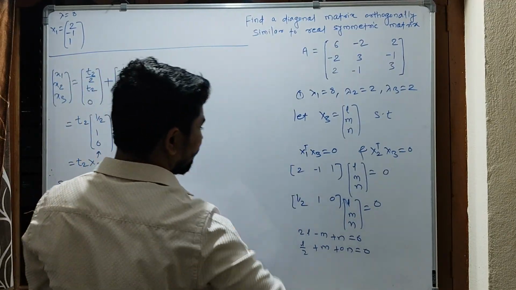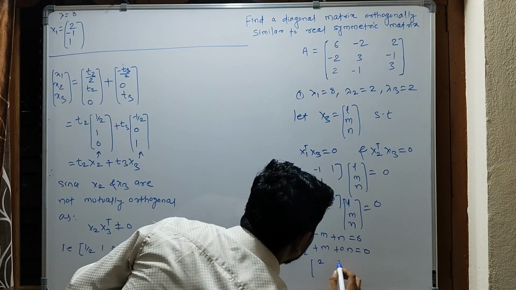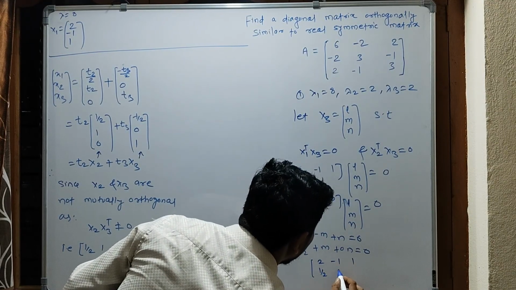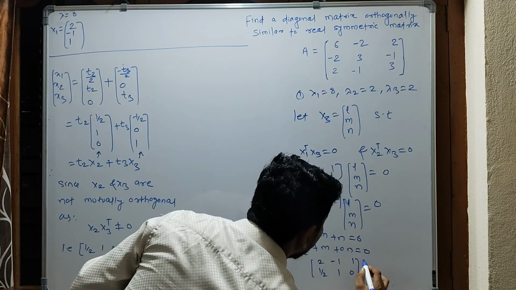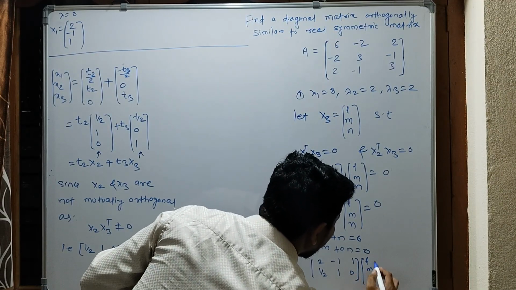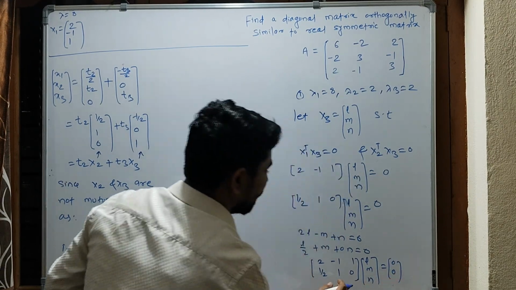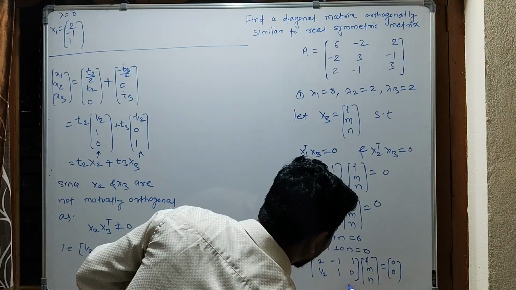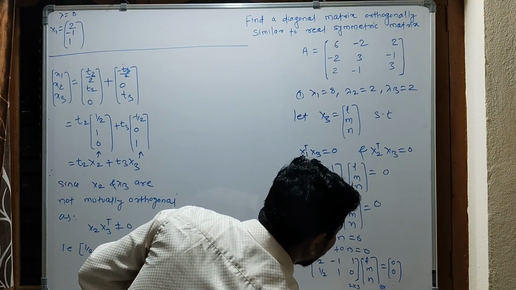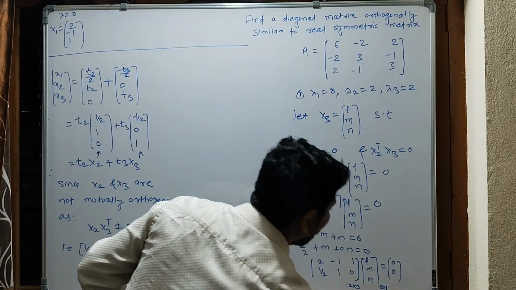The matrix form of this equation is 2, minus 1, 1 and 1 by 2, 1, 0, times l, m, n, which is equal to 0, 0. This is a matrix of order 2 rows by 3 columns, and this is 3 rows by 1 column, so the resultant matrix is 2 rows by 1 column, which is valid.